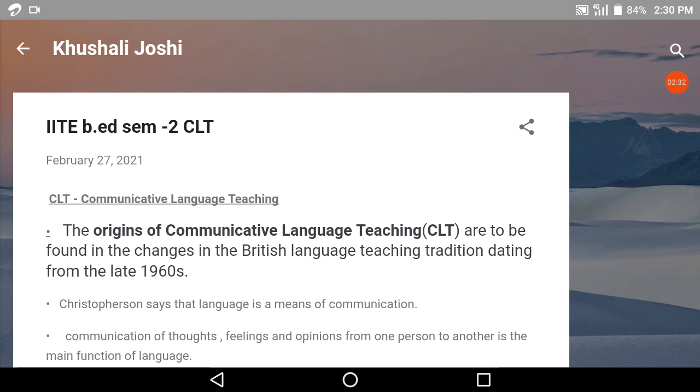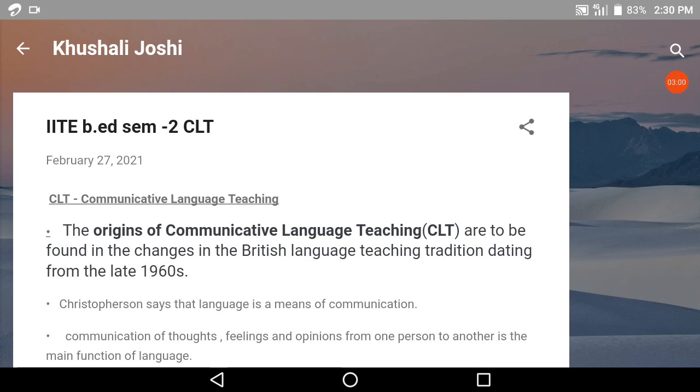We have the grammar translation method and the direct method, which cover only one topic or only one unit, and we can use that unit, that topic, in one method only. But in an approach we have a combination of different methods. We can use the grammar translation method, direct method, structural approach, all this stuff in one unit also, or in one topic also.